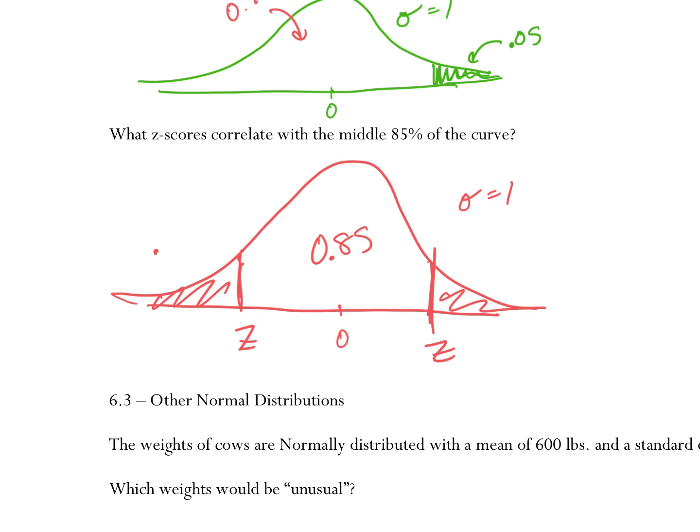The area is 0.075 for each of these. This area is 0.075, this one's 0.075, so that they add to 15%. But what do we put in? The point, so you're going to put in the 0.075.